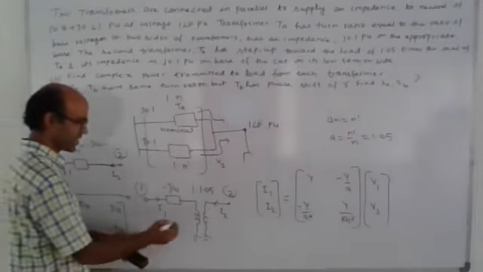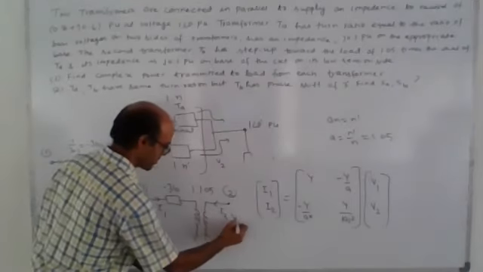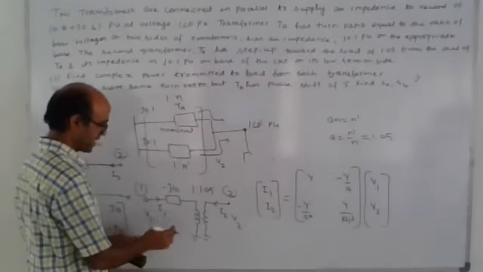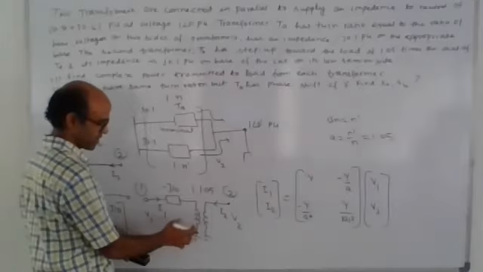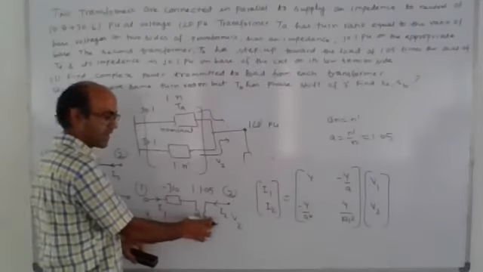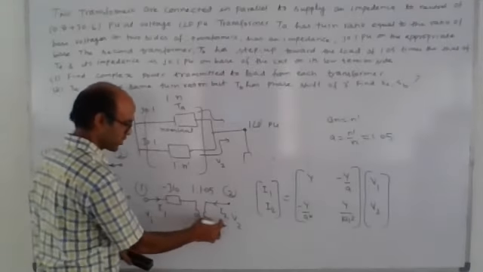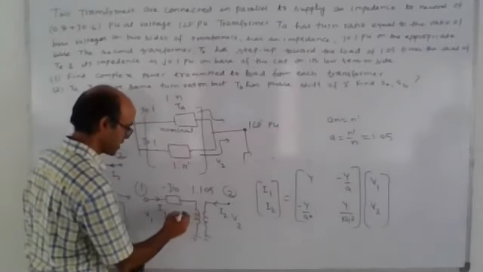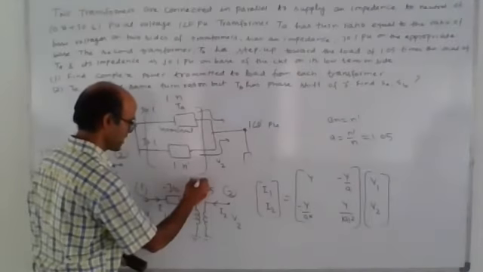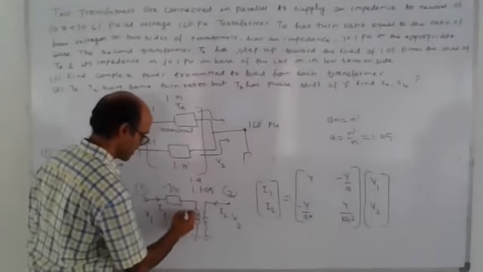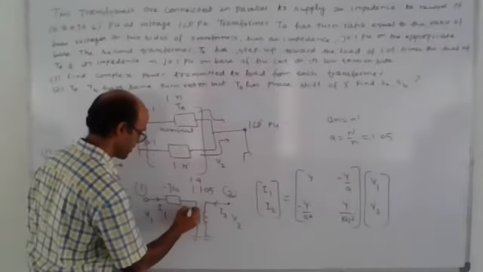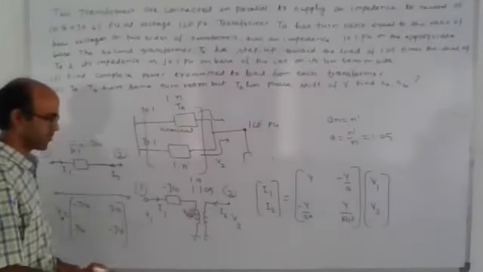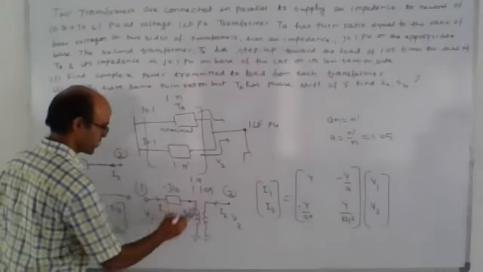It is simple. This voltage is V2, this terminal voltage, this is V1. We are finding the parameters of this, so we can't apply KVL or KCL directly. We have to transfer this voltage to this side. Because this is 1:a, V2 times the turn ratio gives V2 by a on that side. So this is the voltage.